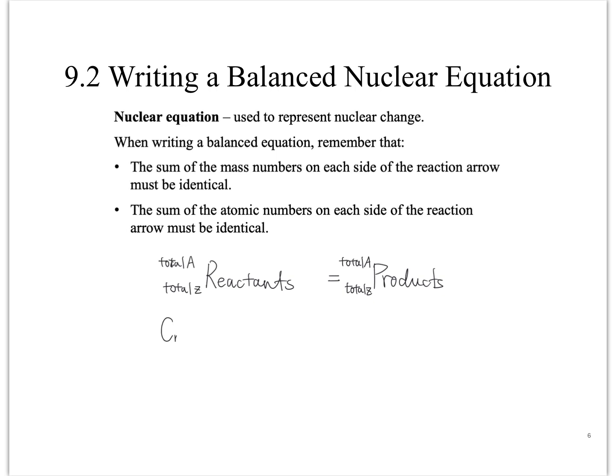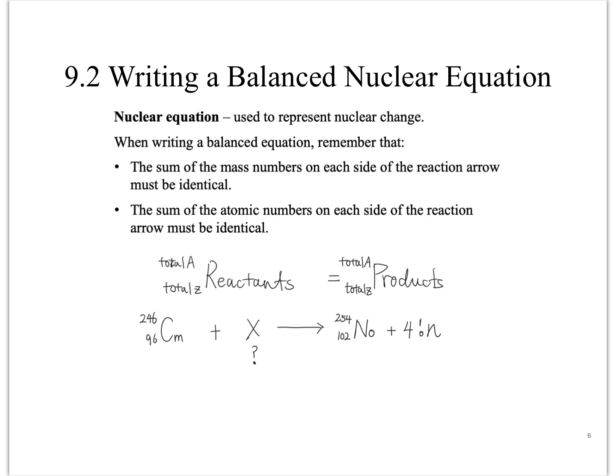So for example, we are going to write out this reaction right here: 96 and 246 plus X. What we want to know is what this X is. It undergoes a nuclear reaction, and the products are 102 for the atomic number and 254 for the mass number, plus 4 neutrons, which is 0 and 1. Hypothetically, this is a nuclear reaction. Now we are going to figure out what X is.